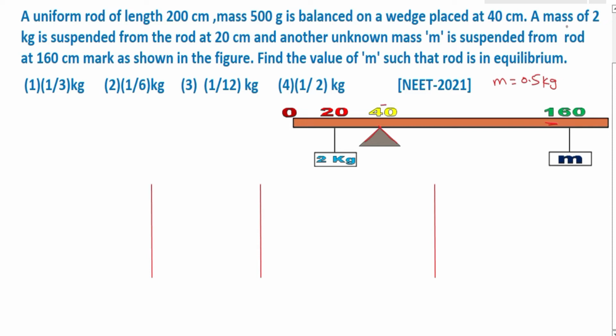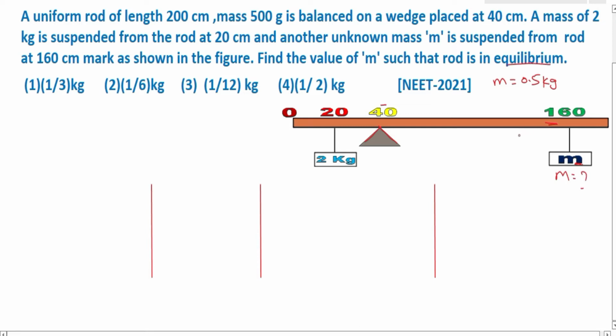He hung a mass of 2 kg at 20 centimeters of the rod and a mass of m at 160 centimeters. Now what is he asking us? He is asking us to calculate the value of m such that the rod is in equilibrium.